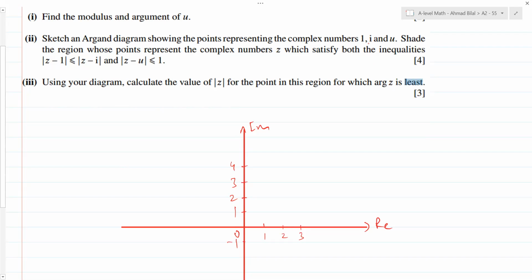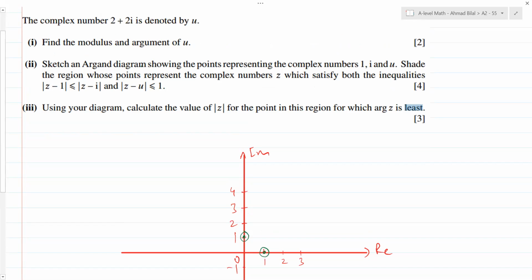One point is only a real number, so that's here. That's one point. Then you've got iota, so that's right here. That's the other point. U, that is given to be 2 plus 2 iota, is going to be here. These are the 3 points that we are given.